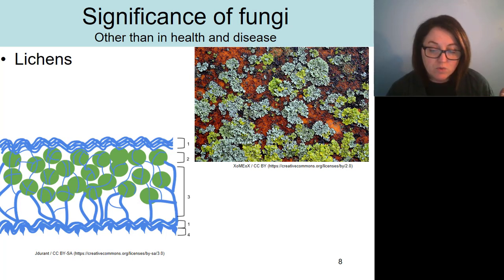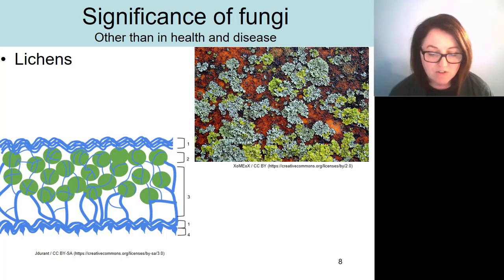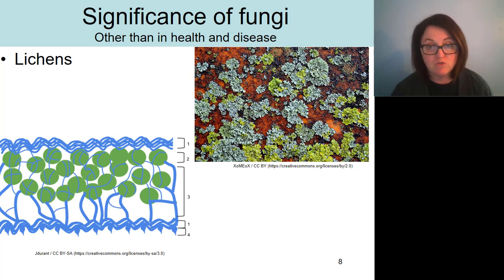Lichens are actually given their own scientific names as if they were a single organism, even though they are actually composed of two different organisms, which is kind of interesting. There's over 17,000 different species of lichen that have been described, so there's quite a few of these.